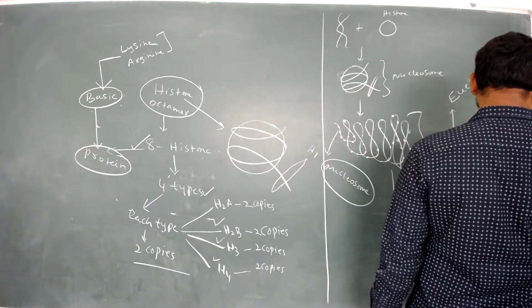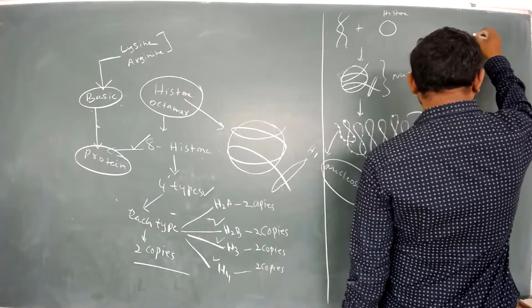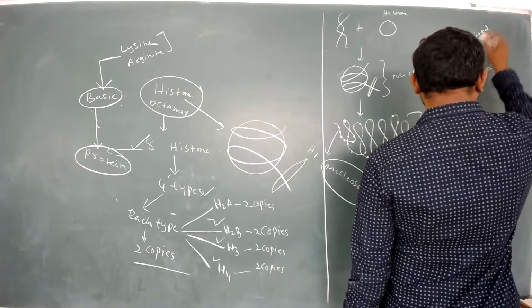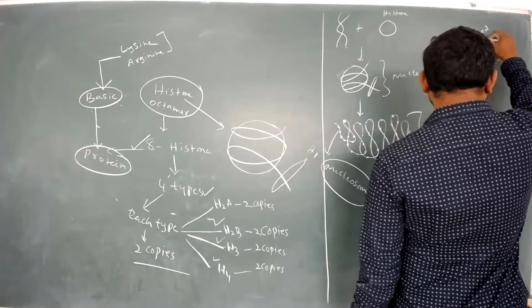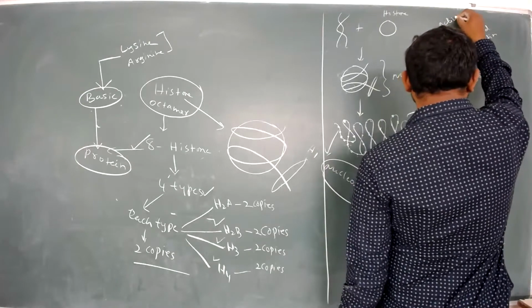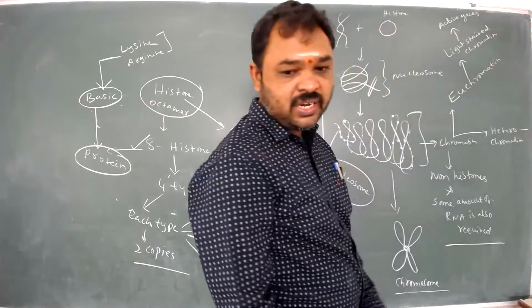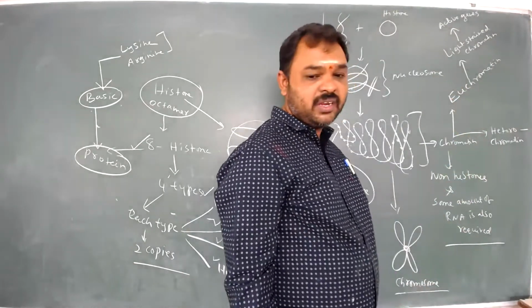What is euchromatin? Light stained chromatin. Light stained chromatin has active genes present. The chromatin which has active genes and is light stained is called euchromatin.